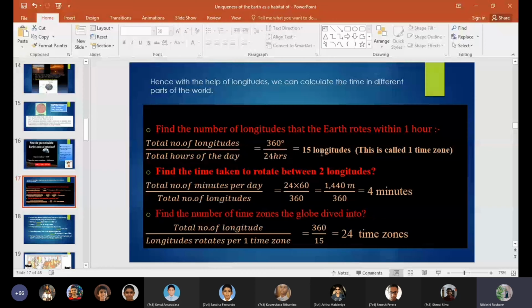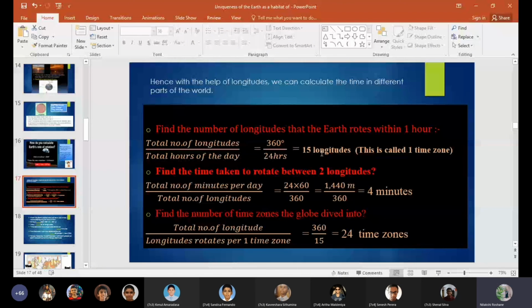First, the total number of minutes per day. How do we find it? 24 times 60, because 1 hour is equal to 60 minutes.